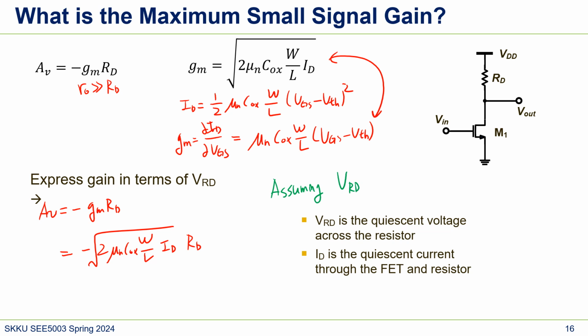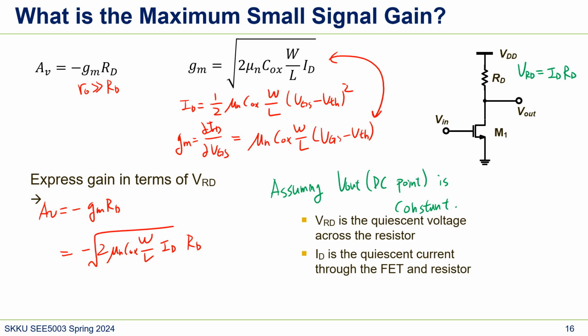VRD is ID RD. So I'll just say V out, the bias, the V out DC point, is constant. You know why we can assume V out is constant?